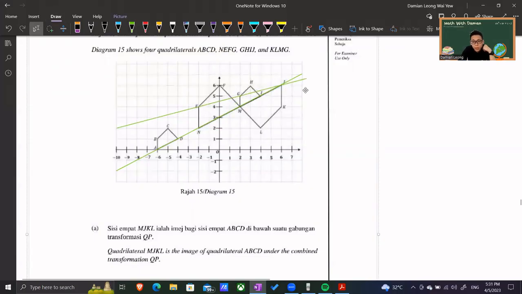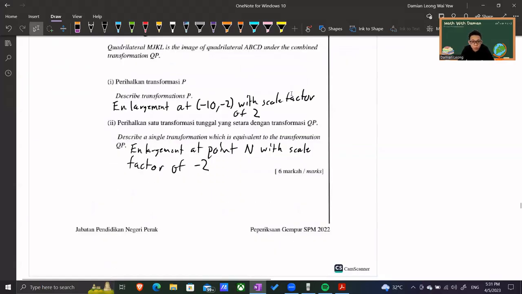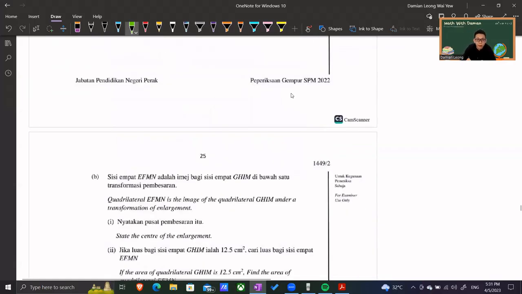Yeah, so basically it joins at point J or 6, 6. So the center of enlargement is point J. You can write point J or you can write 0.66. It's the same thing.